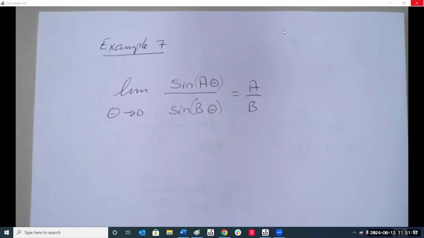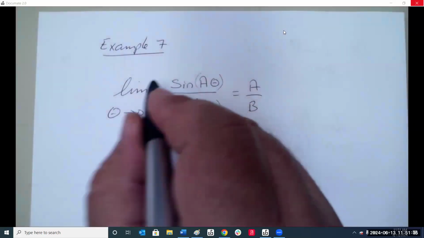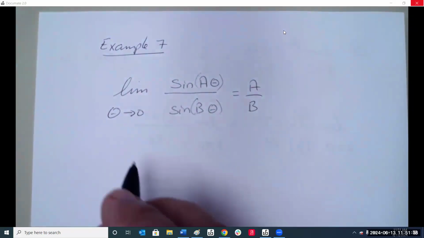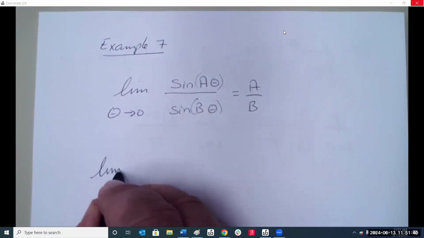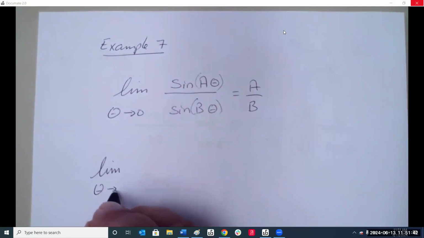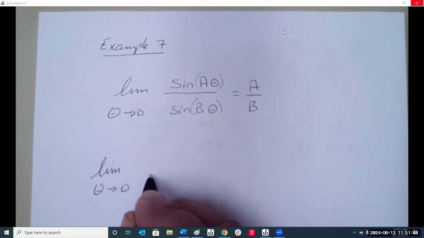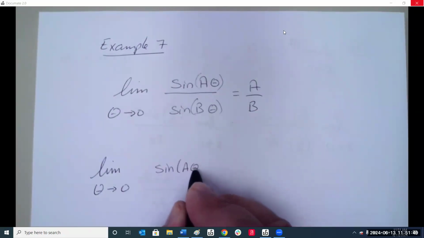Can we multiply anything to the top and bottom to make them what we need? If we multiply the top and bottom by 1. Because what do we need for the sine theta? For sine A theta.